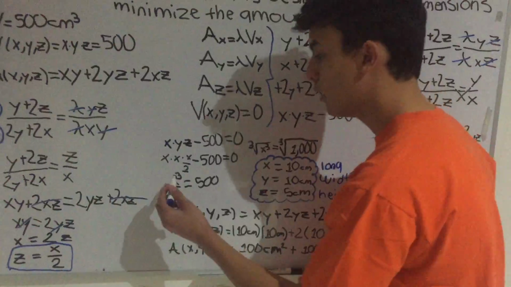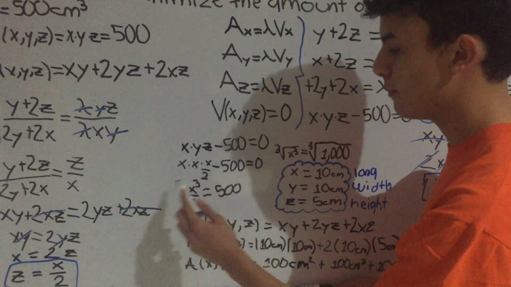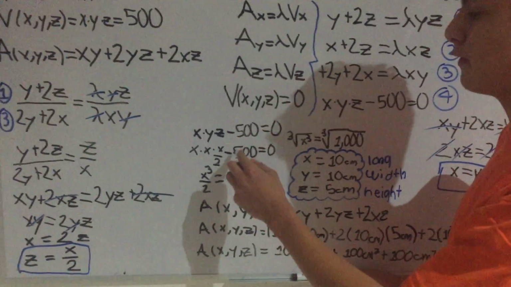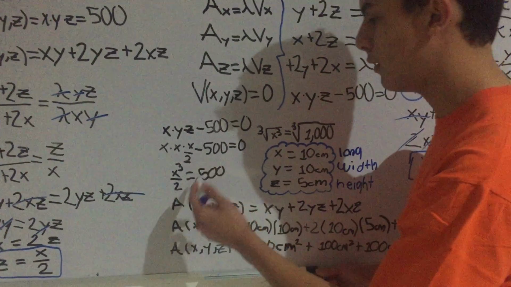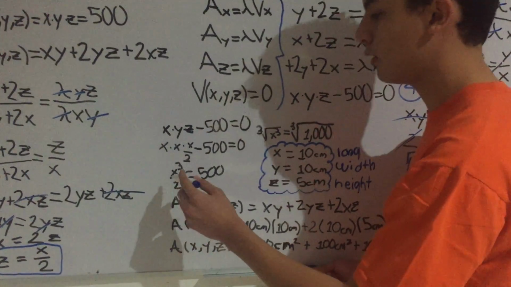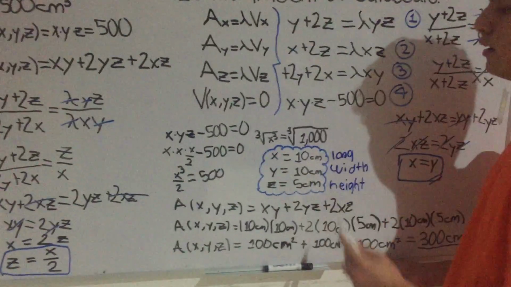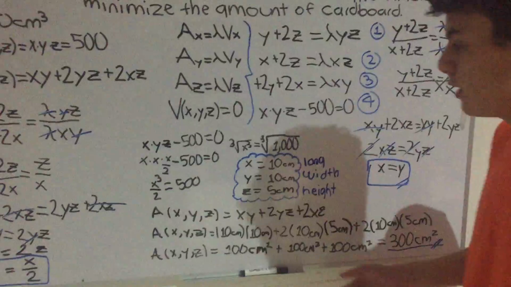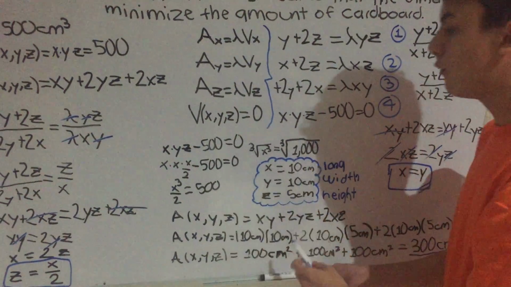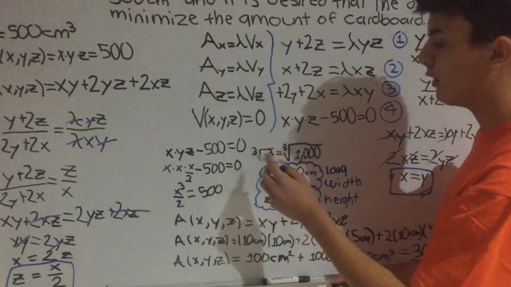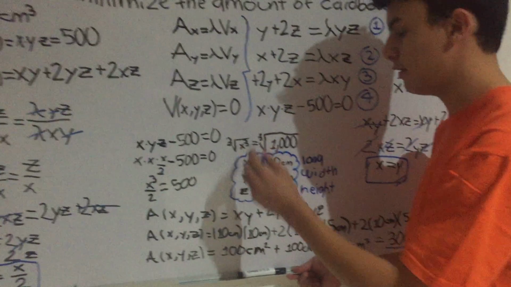So now x times x is x to the power 3 divided by 2, and I have to pass this to the other side, and it's going to change the sign. It's going to be now positive, and this 2 is dividing, so I pass it to the other side multiplying, and we have 1000. So if I apply the cubic root on each side, we are going to have x alone.